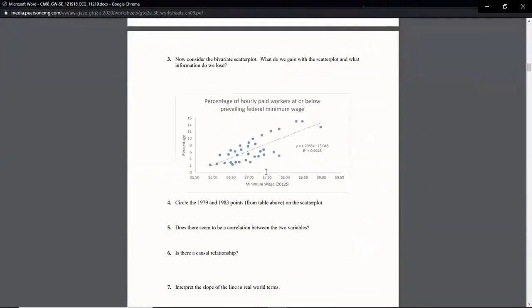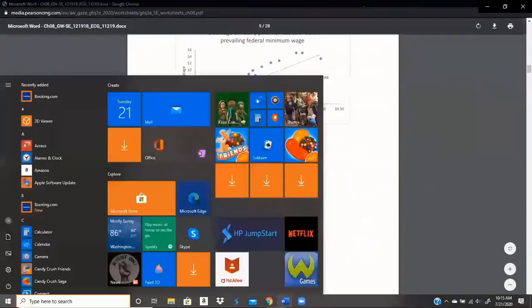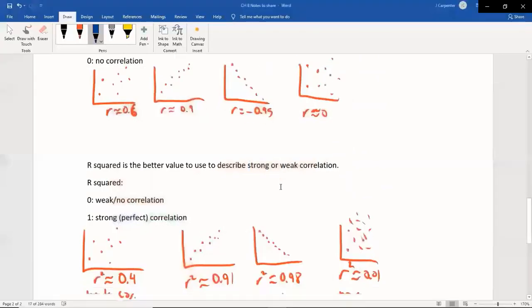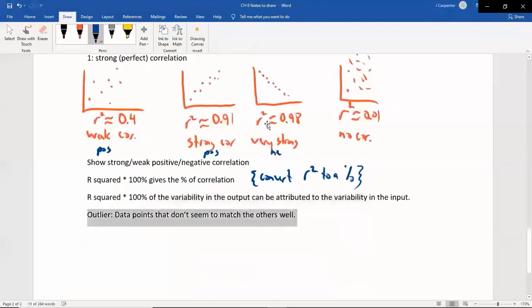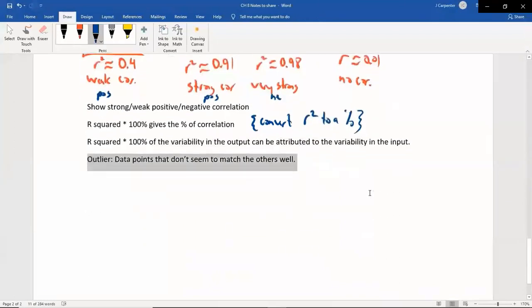Last thing I wanted to talk about, first of all, show you that definition that was on the screen, but I didn't talk about when it was on the screen. Outliers are data points that don't seem to match the others very well. So let's say you got a graph that looks like this.